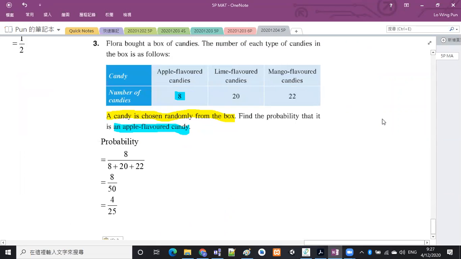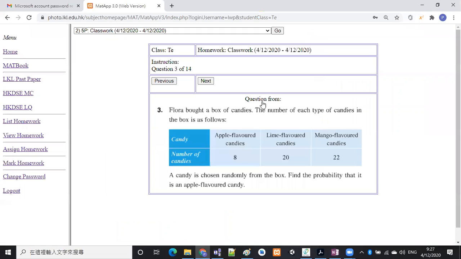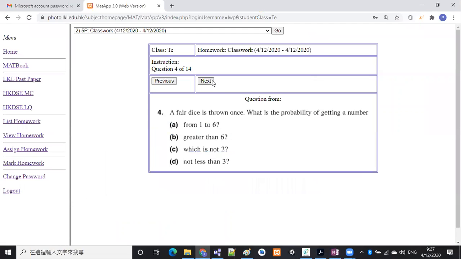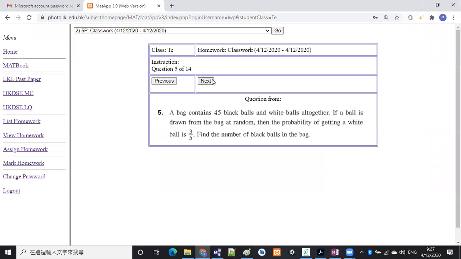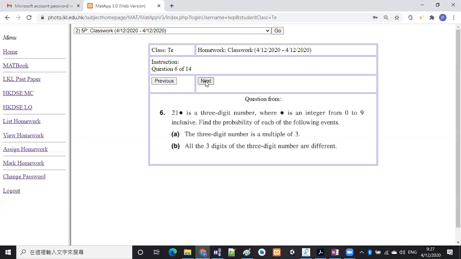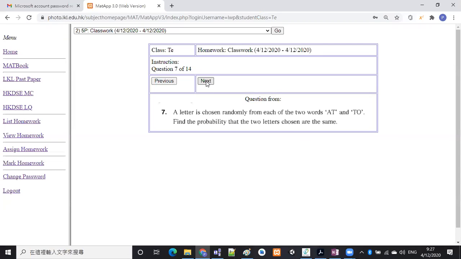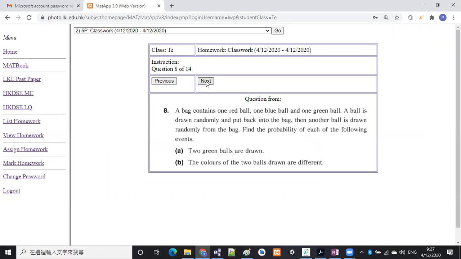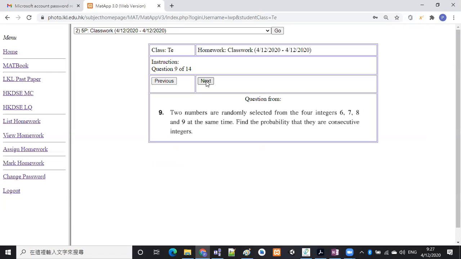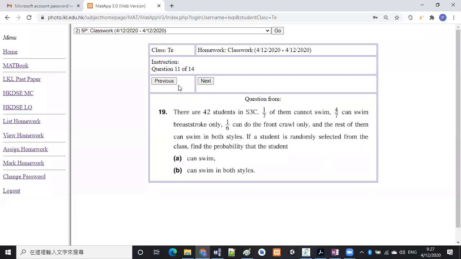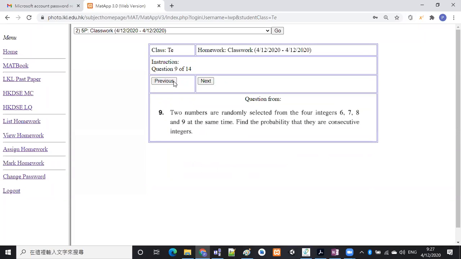Is that okay? 好啦，嗱呢度咧，我想俾你試下做下先。And can you try to do question number 4, 5, 6, 7, 8, 9, and 10? Okay, 4 to 10.